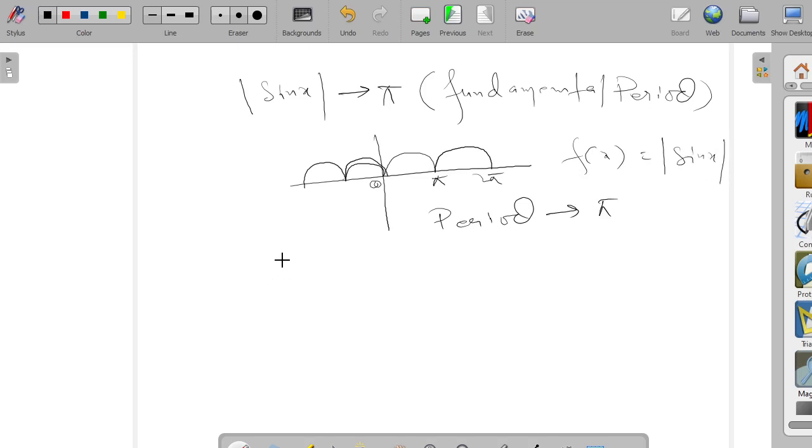And we can also observe from the graph that the period of cos x is also pi. Definitely the fundamental period.